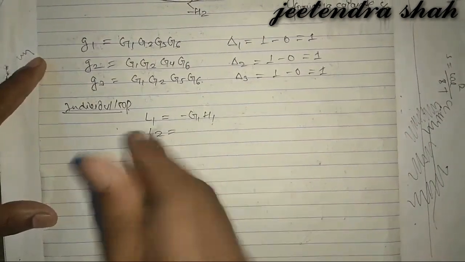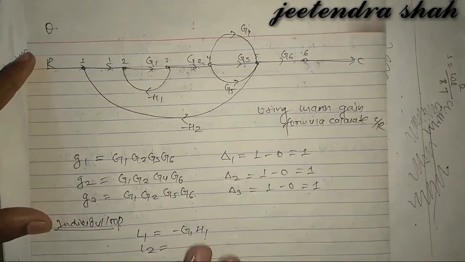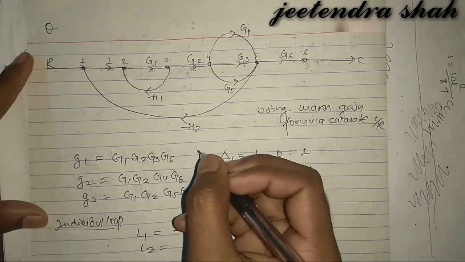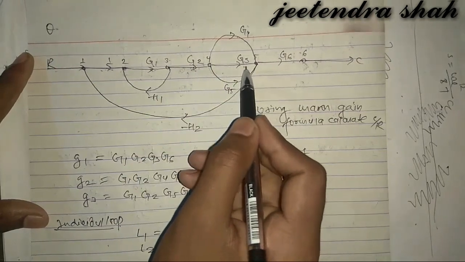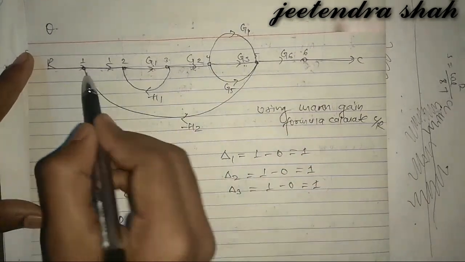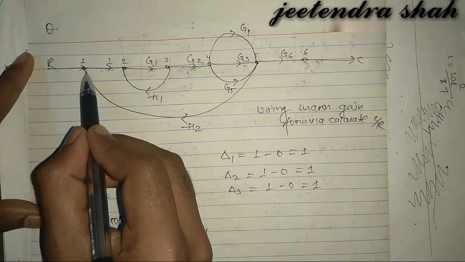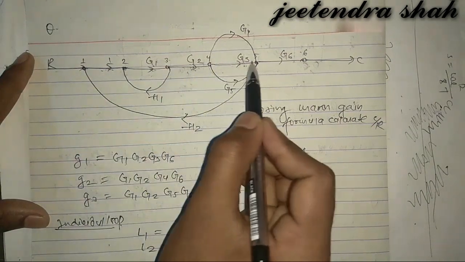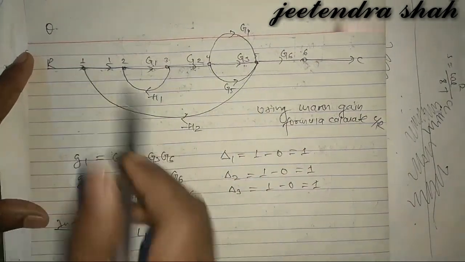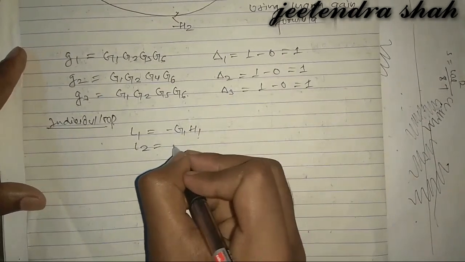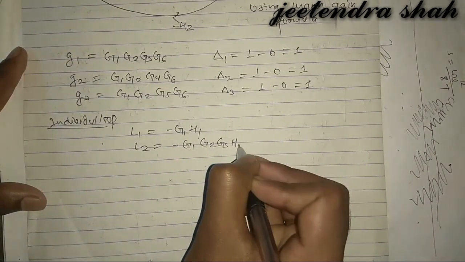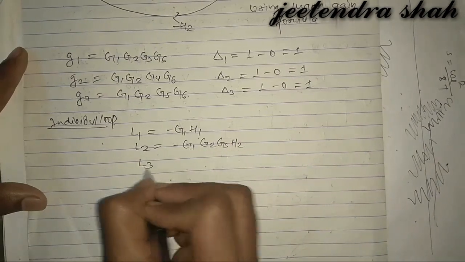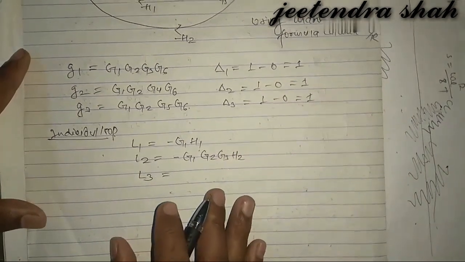Similarly for L2, we have G1, G2, G3 and S2. Since we have one loop here, 1 into G1 into G2 into G3 into minus S2, so we write minus G1, G2, G3 and S2.